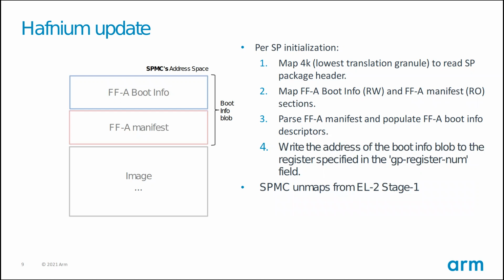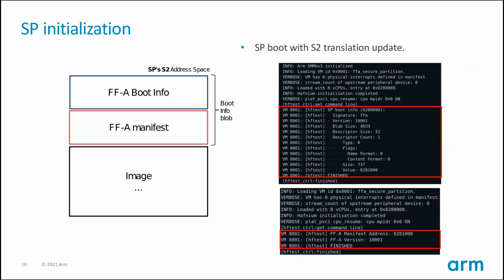So before booting the SP, Hafnium writes the boot information blob address to the specified register and maps the whole section from its stage 1 translation at EL2. Then it initializes the SP, which maps the whole secure partition package into the stage 2 translation of the SP.